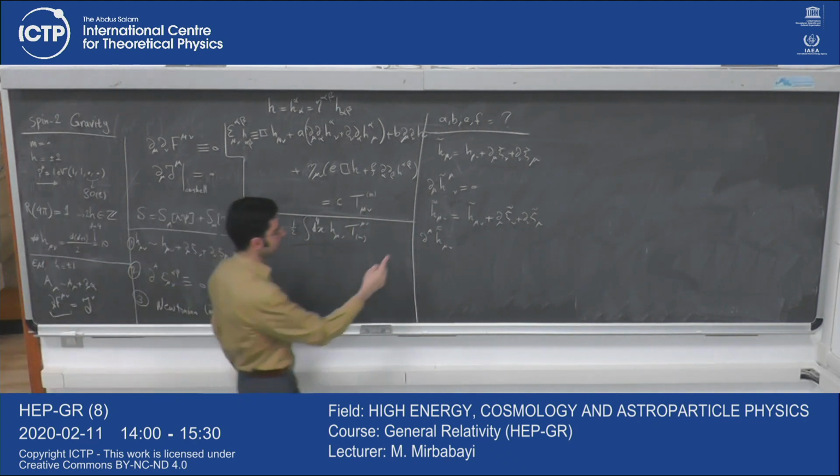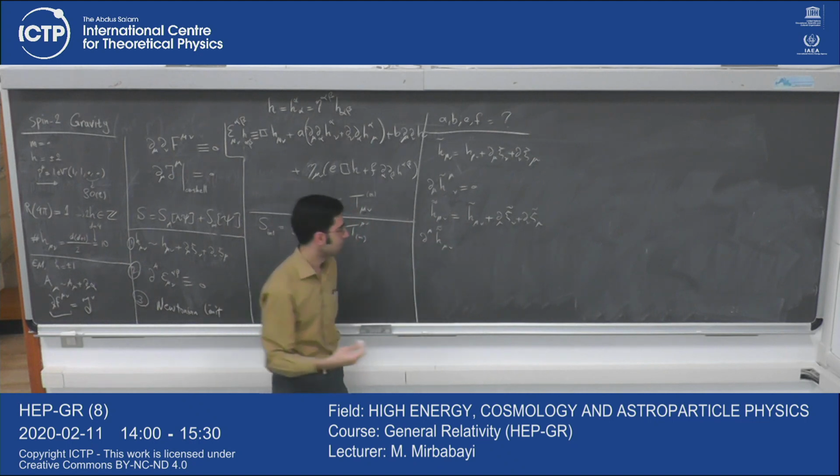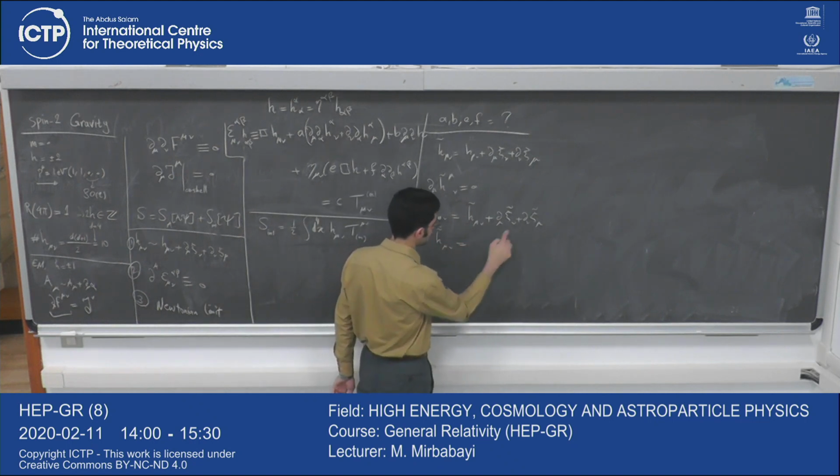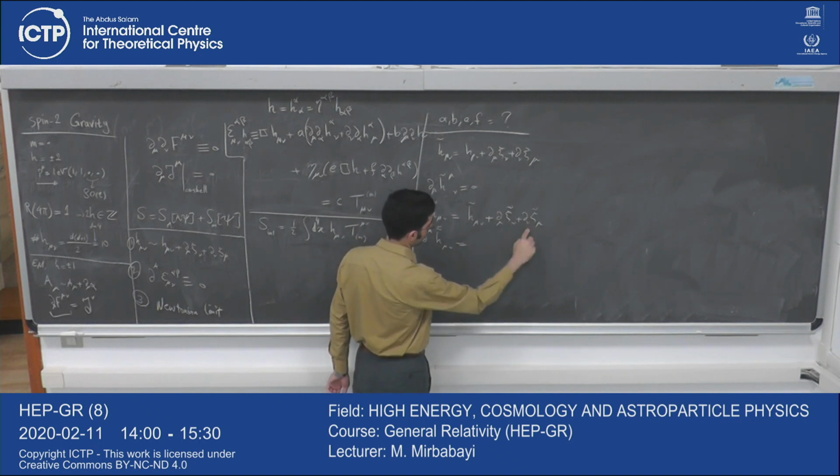So it will be d^mu of h tilde mu nu, which is 0, plus d^mu acting on these two parts.